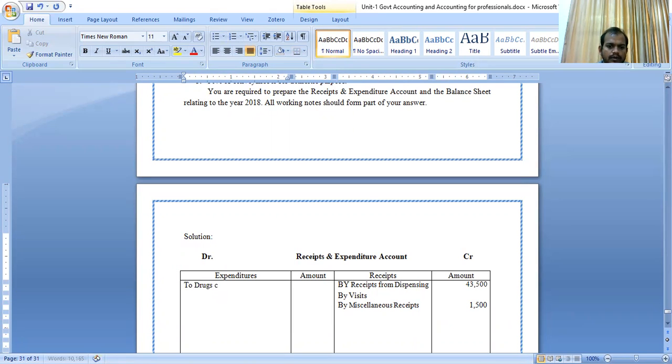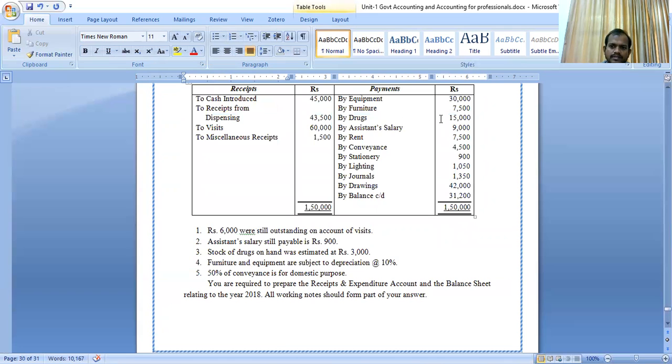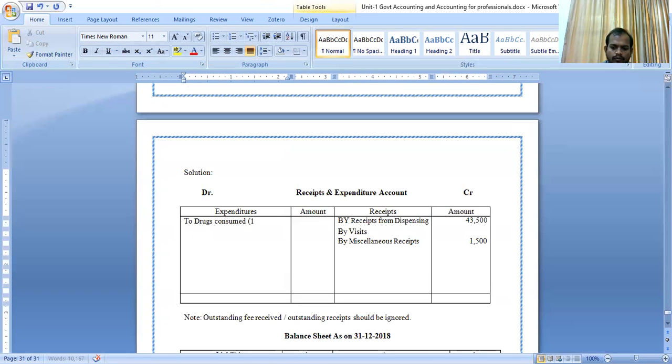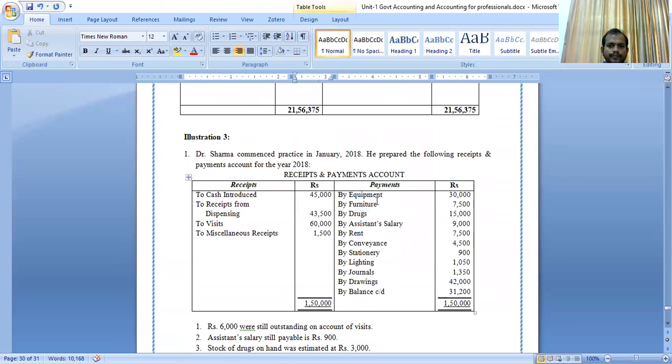Drugs consumed. Opening balance we don't have. Purchases 15,000 we have. 15,000 minus closing stock 3,000. So we have used 12,000 rupees of drugs during the year.